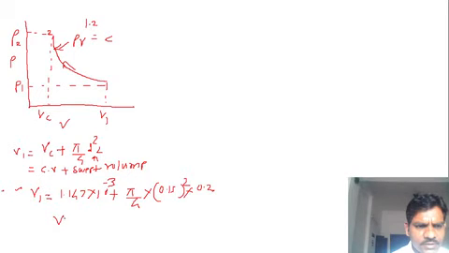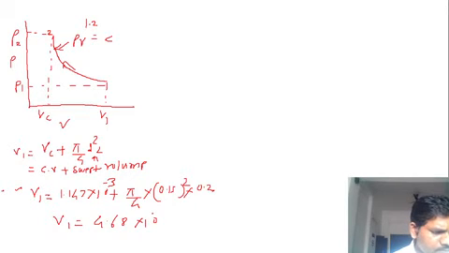So V1 is 4.68 into 10 to the power minus 3 meter cube. So we get this answer, guys.